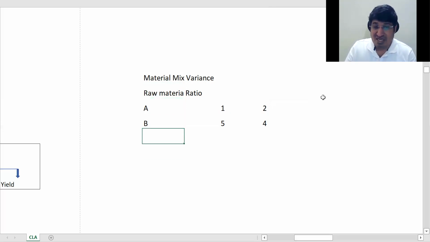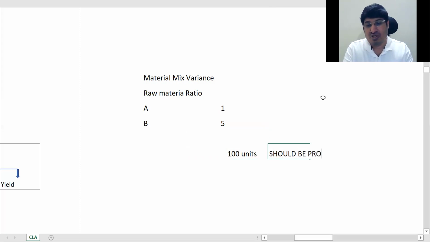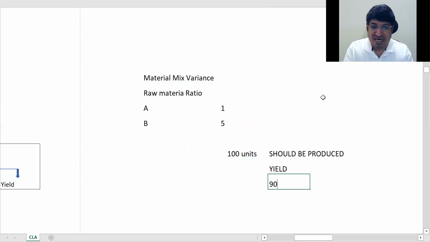Now yield variance is something like this. For example, if you put in a standard mix, say 1 kg, 5, for 1 unit, I put whatever units I have, and after putting it, I should have got a yield of 100 units. 100 units should be produced, which is called yield. But actually what is produced is 90.